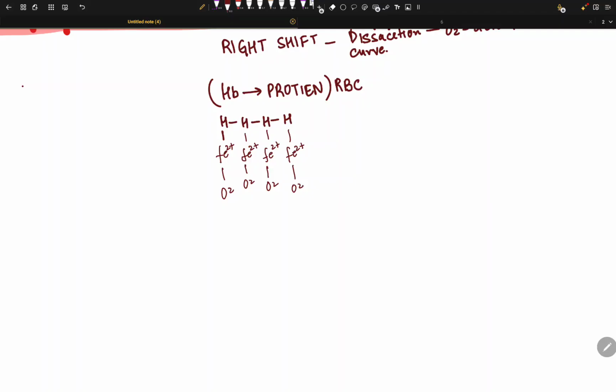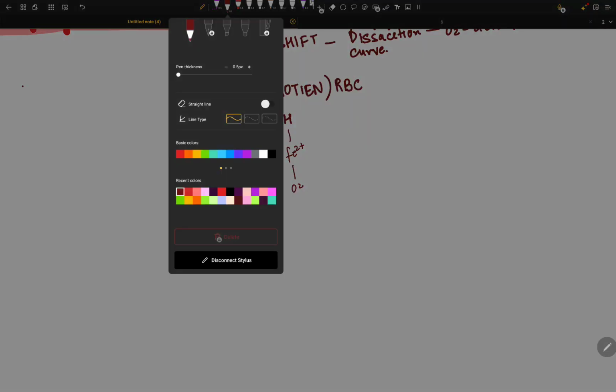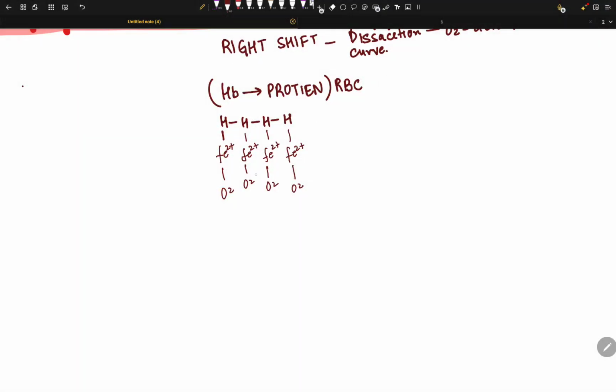So we have 4 seats for oxygen. That's the answer why we have 4 seats for oxygen. So one hemoglobin has 1, 2, 3, and 4 heme groups. In 4 heme groups, we have 4 iron atoms, and each ferrous has 1 oxygen molecule.